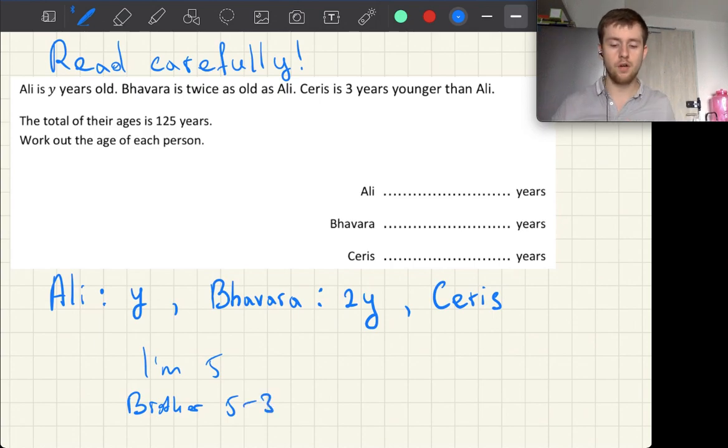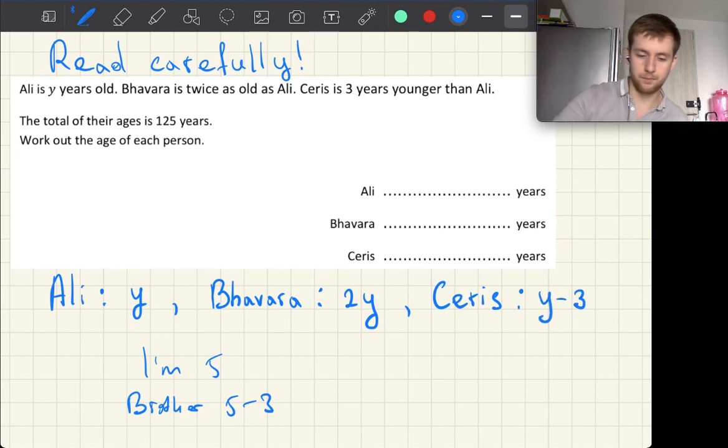When you construct these expressions for word problems, you have to think about what operation you are doing. You may think to yourself, okay, it's just 2, but the real question is, how did you get from 5 to 2? You subtracted 3, and this is the key action we are looking for. So Ceres is y minus 3 years old, okay?